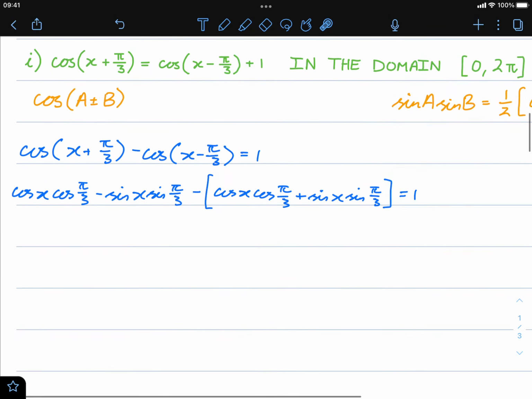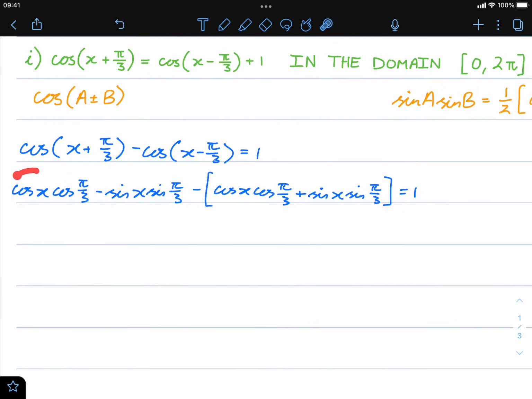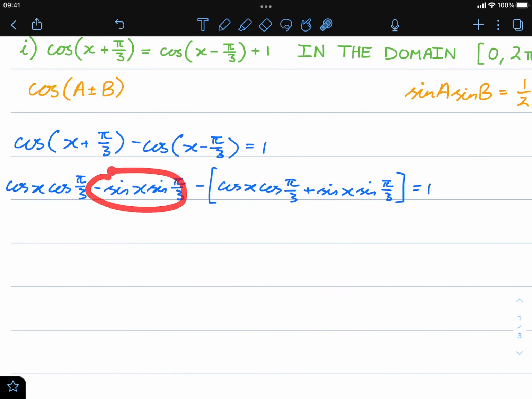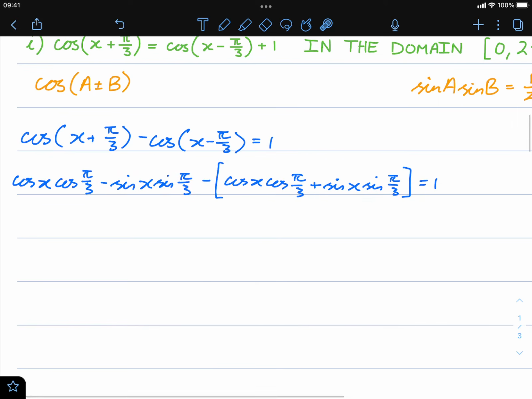Now I hope you can see that there's some cancelling that's going to happen. Cos x cos pi on 3 minus the same thing, so these two are gone, and we get minus sine x sine pi on 3 minus sine x sine pi on 3. So we get minus 2 sine x.